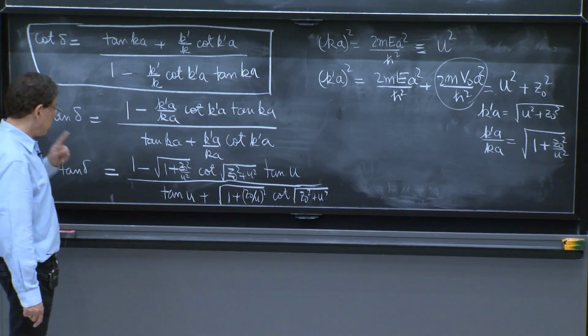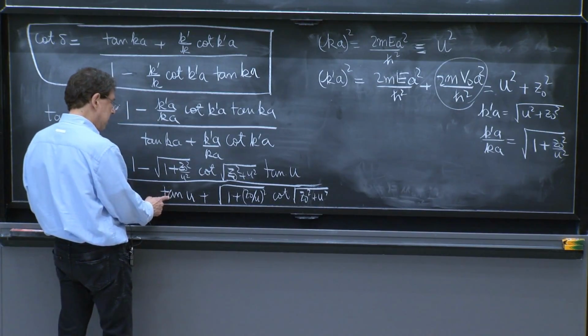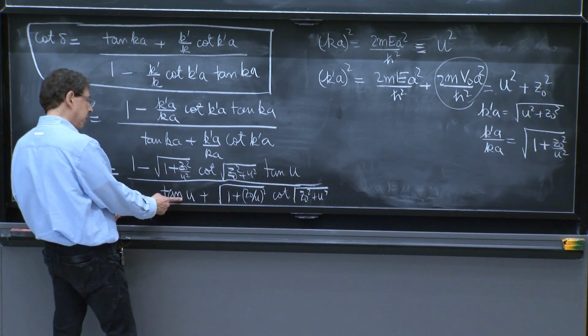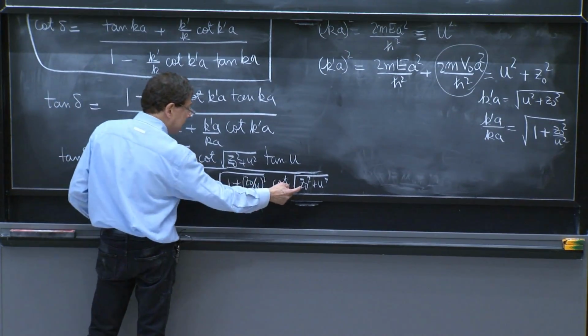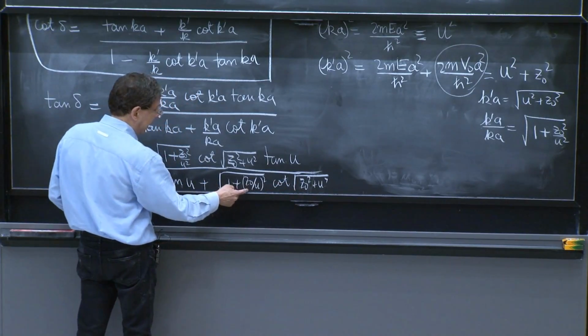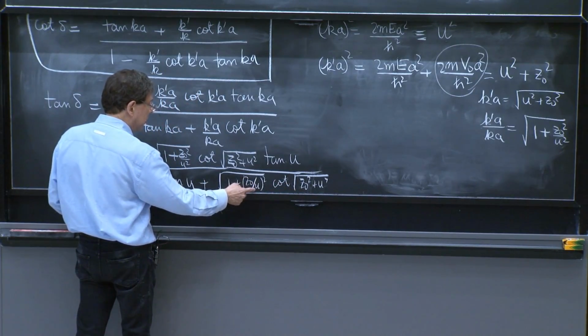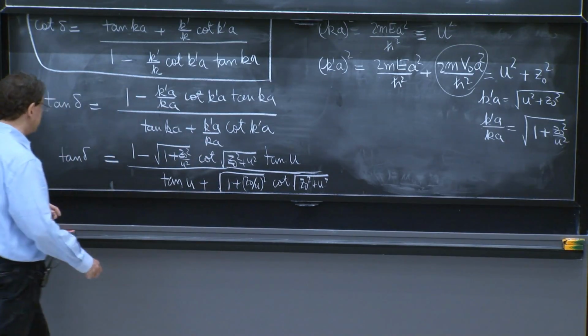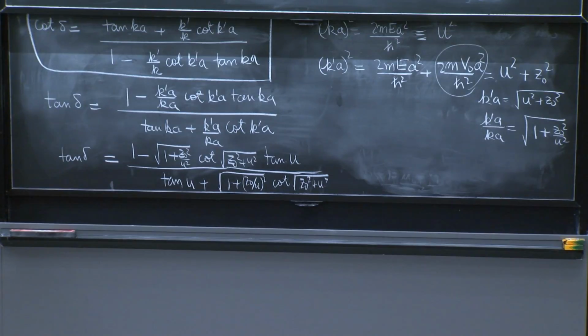On the other hand, when u goes to 0, the denominator will go to infinity, because while this term goes to 0, the tan u, this number is finite, and here you have a 1 over u. So the denominator goes to infinity, and the numerator remains finite. So as u goes to 0, tangent of delta goes to 0. So you can choose delta to be 0 for 0 energy.